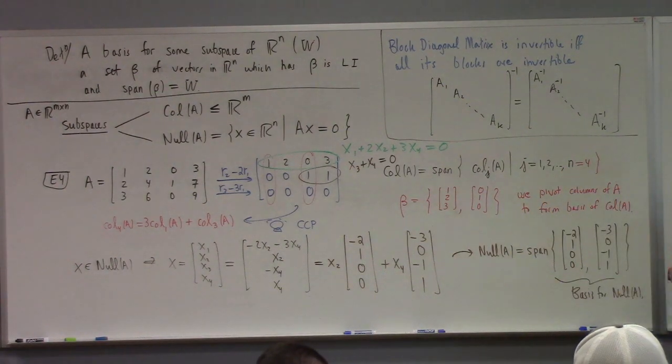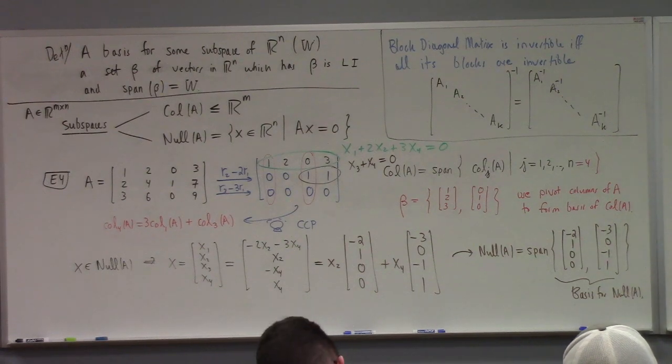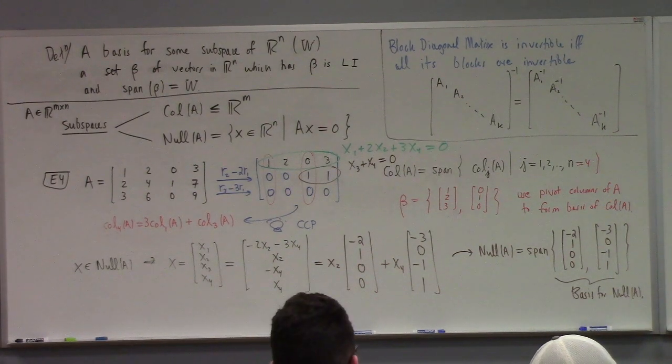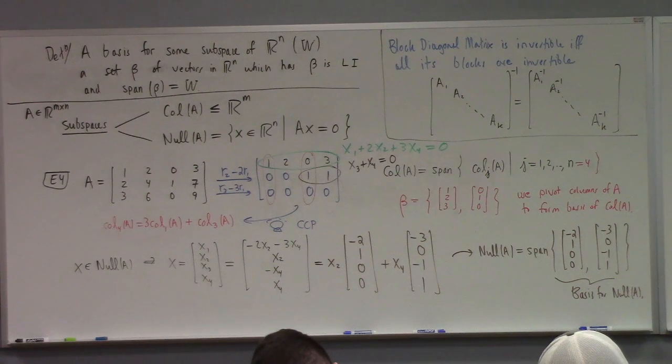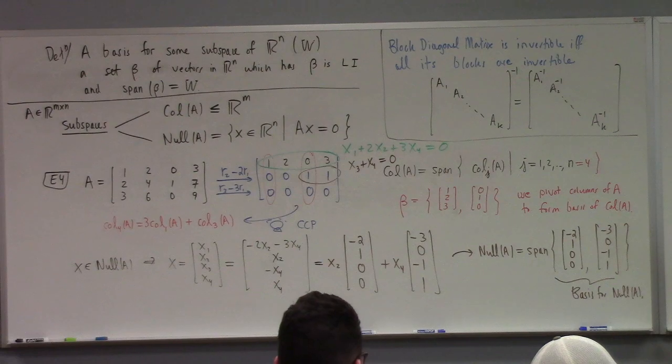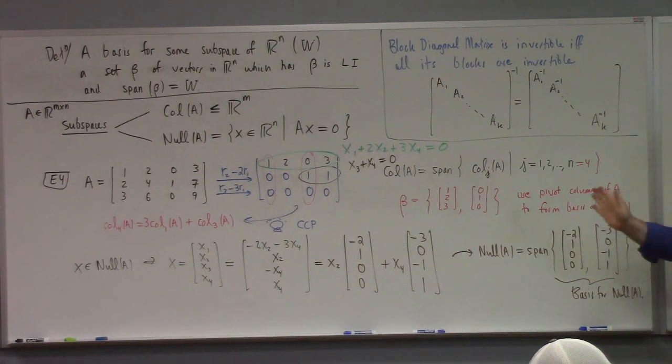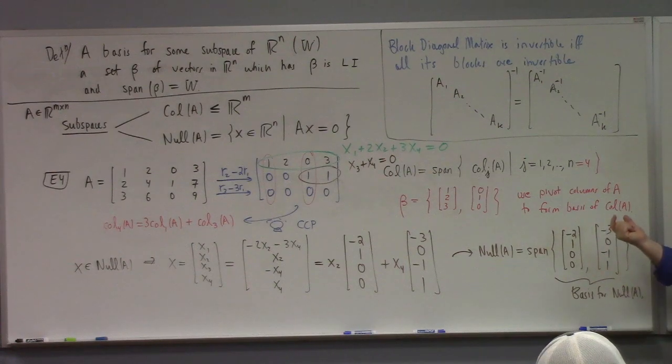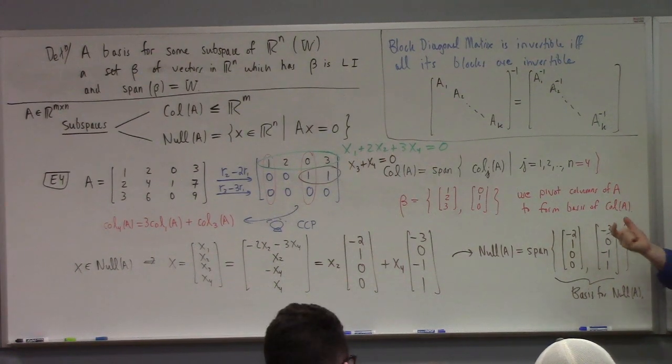And while I've just shown you a particular example, this calculation is general. To calculate the basis for the null space, we simply look at the row reduction, read the solution to the homogeneous equation, and rewrite it as a span of particular vectors where the coefficients of the span are given by the non-pivot variables. This is always possible.